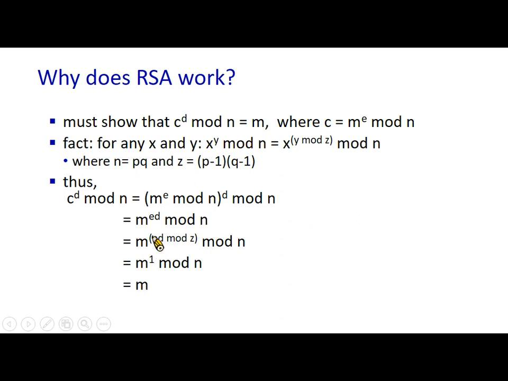So m to the ed mod n comes back, then mod n, and we get m. So it's a very good result. Again, x to the y mod n is x to the (y mod z) mod n.